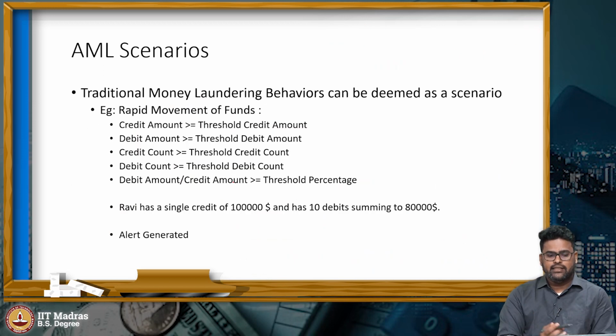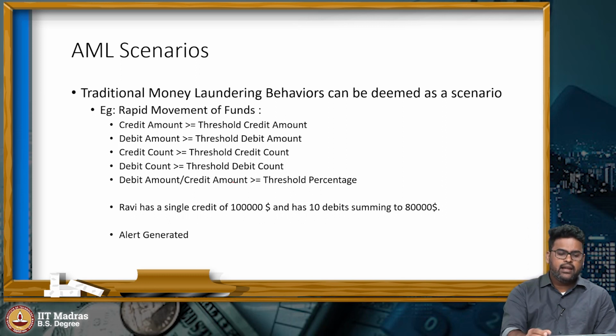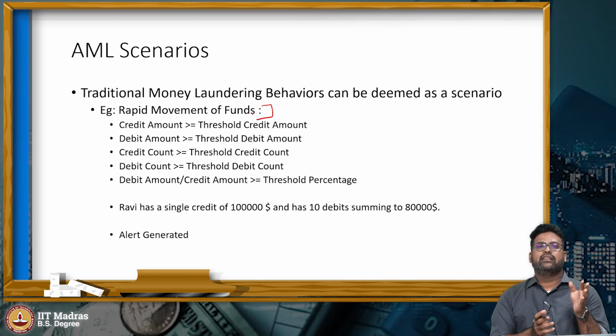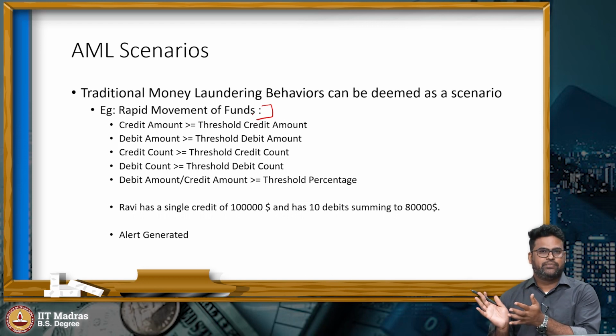Now let's move to an AML scenario, which is a money laundering scenario. Let's discuss an example called rapid movement of funds. As the name suggests, there will be a single large credit transaction into the customer's account and there will be multiple debits. Essentially, a huge amount gets credited to the account, and in multiple debits the entire amount is flushed out.